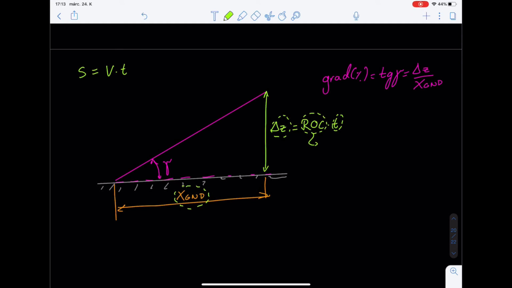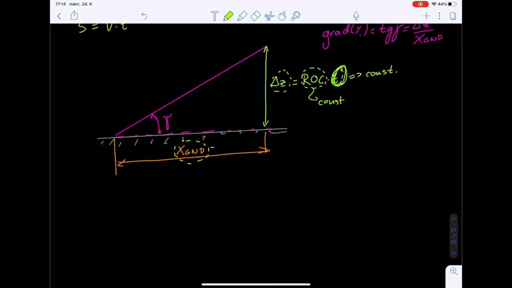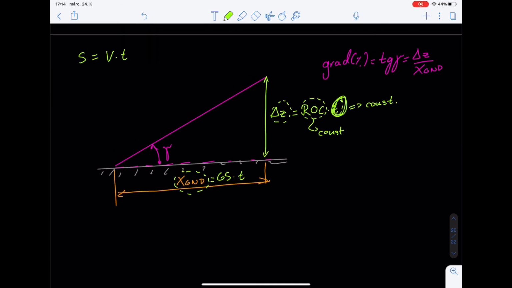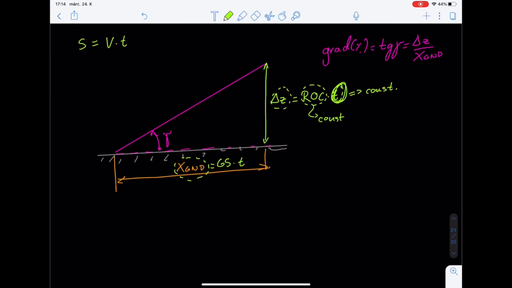So this delta z in a given amount of time is going to be a constant. And we can go and calculate this x_gnd, since it is basically a distance relative to the ground, as the ground speed times the time. And this is where it's going to become interesting.